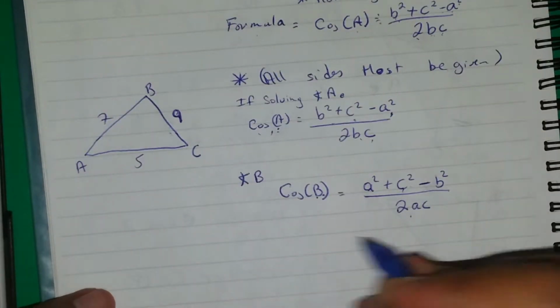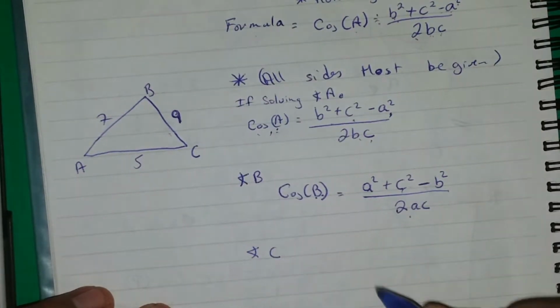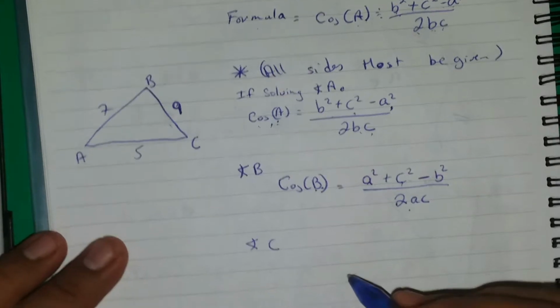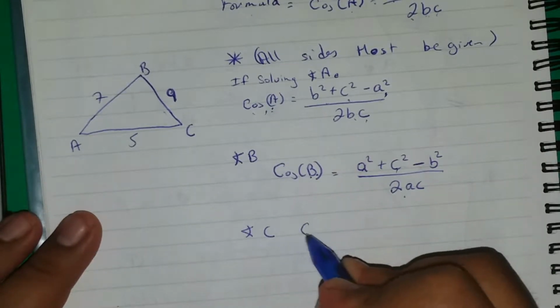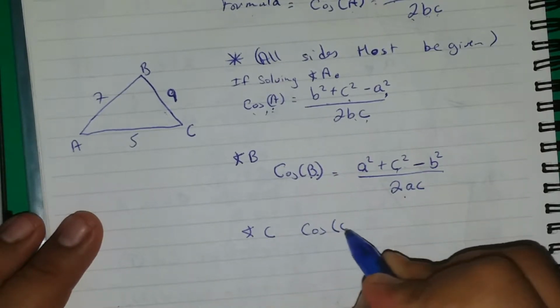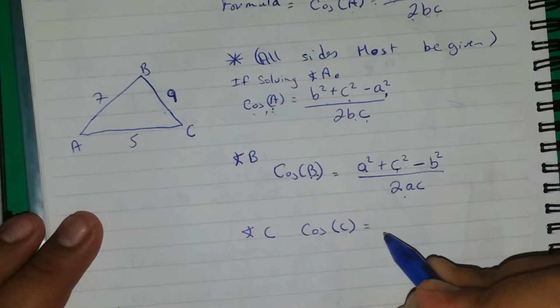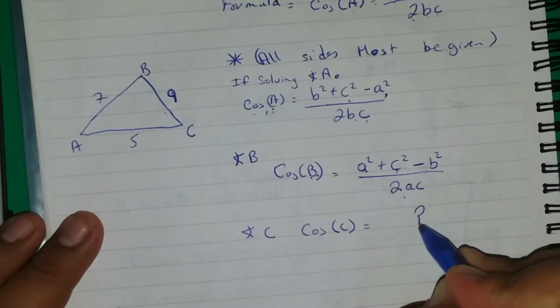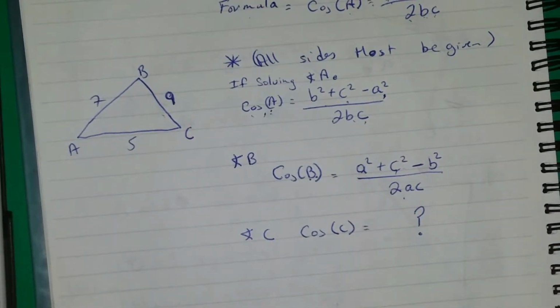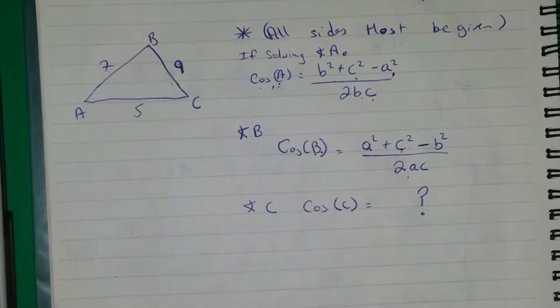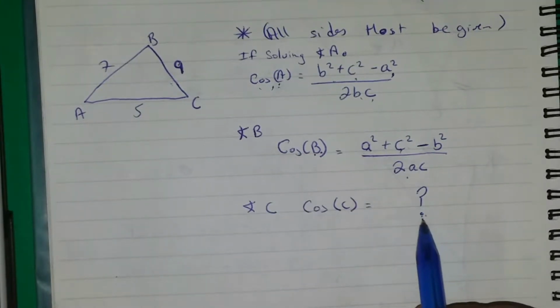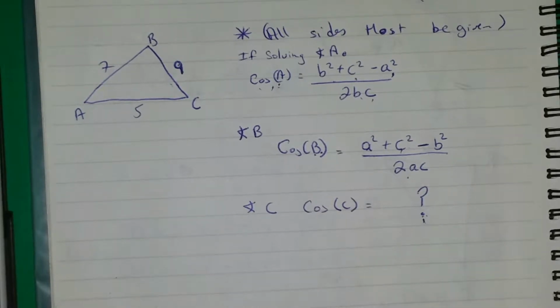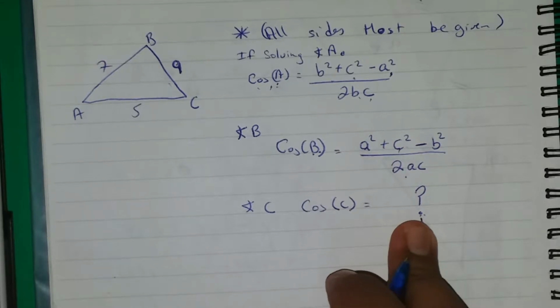If I am solving for C, then I would say cosine of C equals, and I leave that for you. At the end of this video we'll find out what this is, but for right now just try it and then continue watching the video.